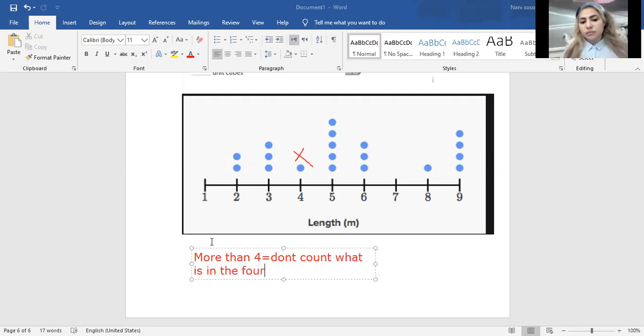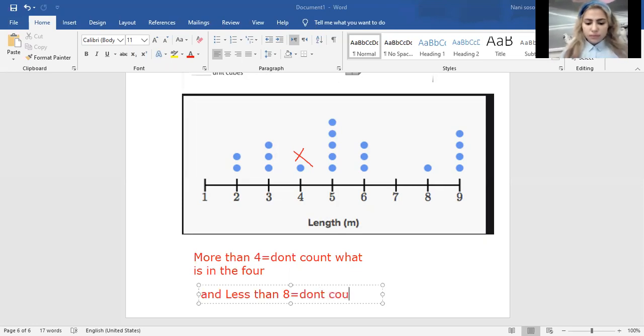When I tell you less than what? Less than 7, 8. Okay, let's say less than 8. Don't count what is on 8. So I will count what?